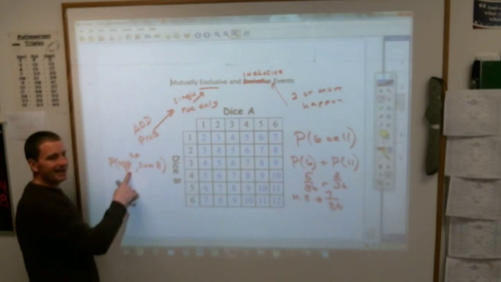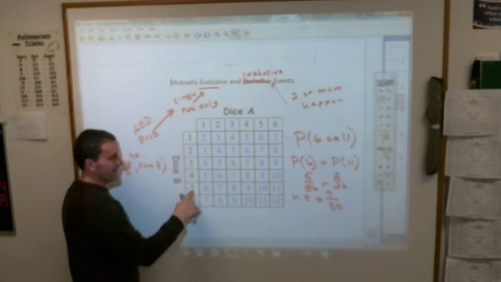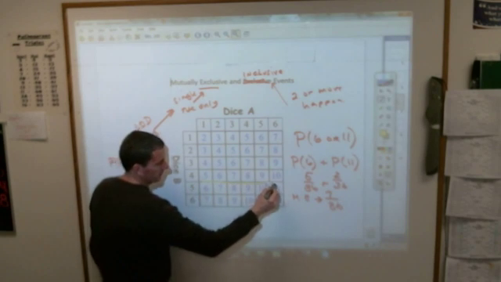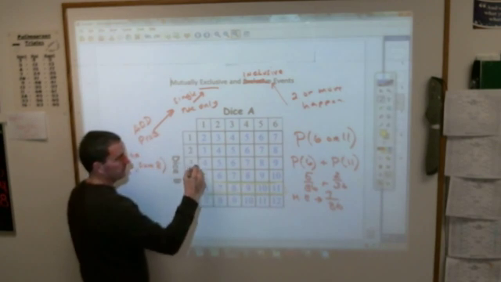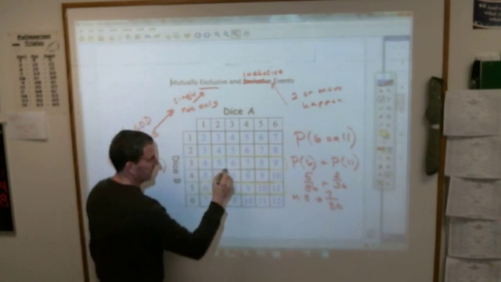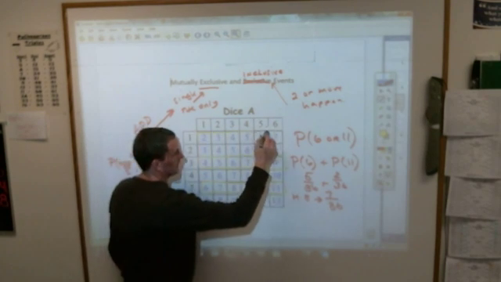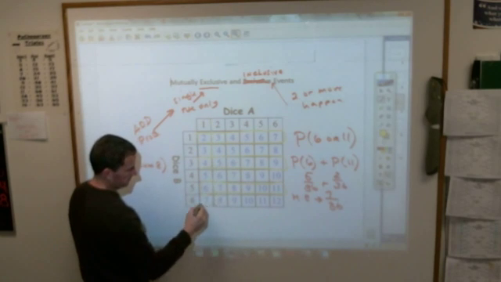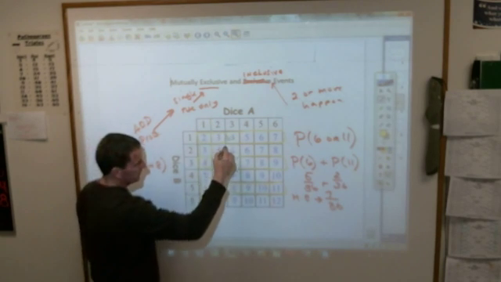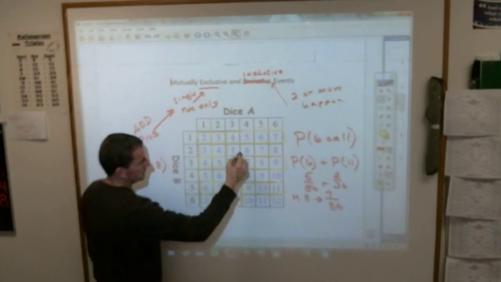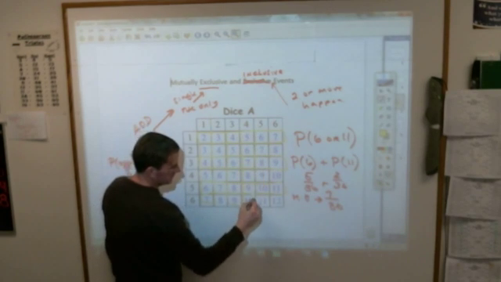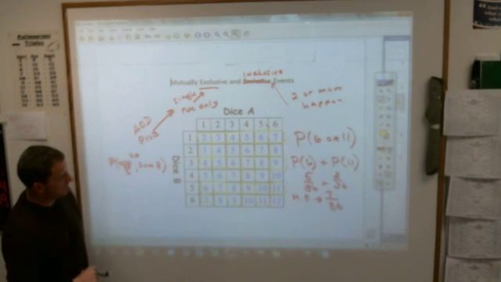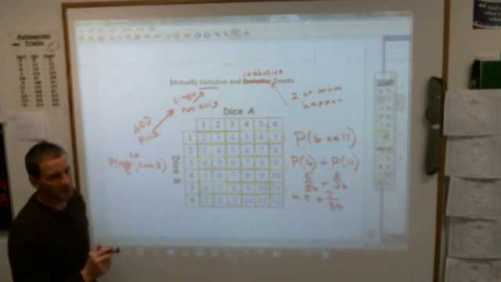If you're rolling an odd number dice, anytime you get an odd on either one of the dice, all of these would be part of that, and all of these, as well as all of these. Correct? All of those, which looks like everything, so maybe I should block them out.